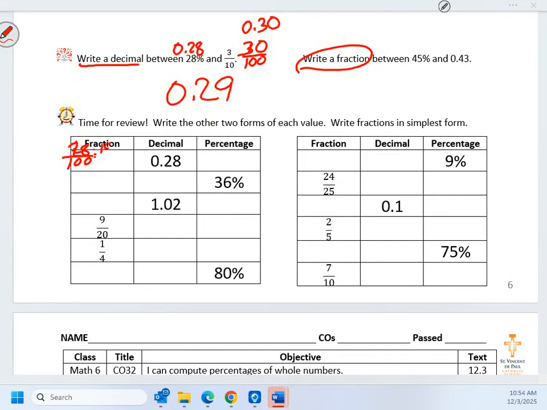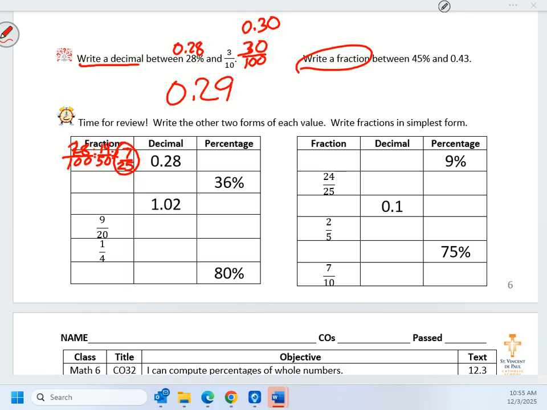28 divided by 2 is 14. 100 divided by 2 is 50. Am I done? No, I can divide it by another 2. So 14 divided by 2 is 7. 50 divided by 2 is 25. That's as low as I can go. That's my final answer. How do I convert 0.28 to a percentage?